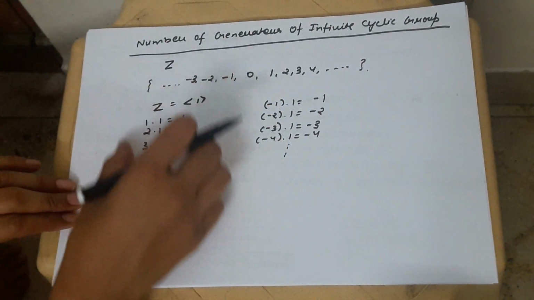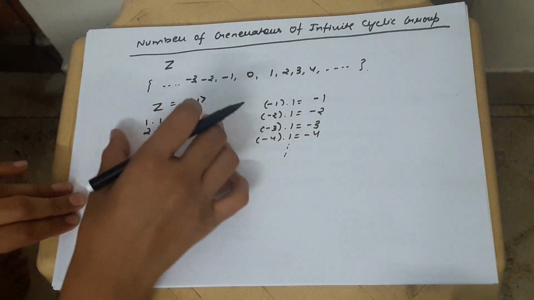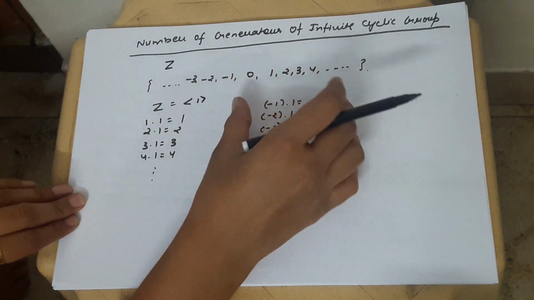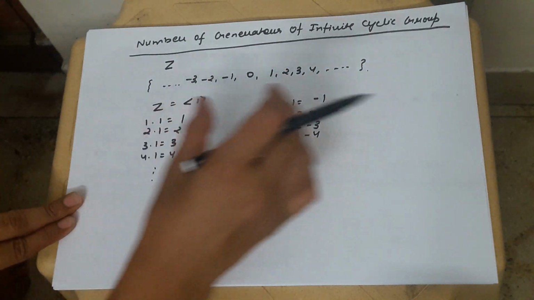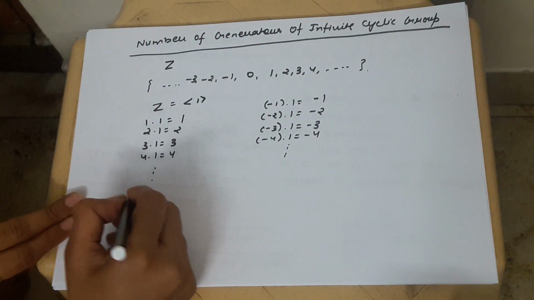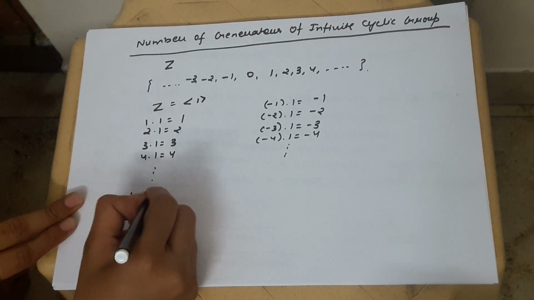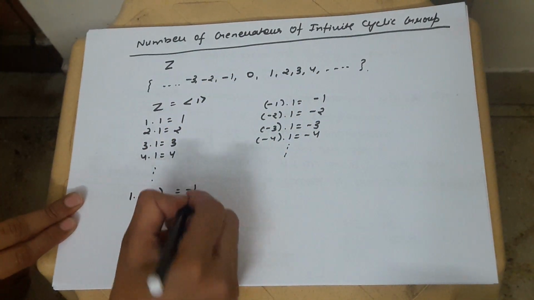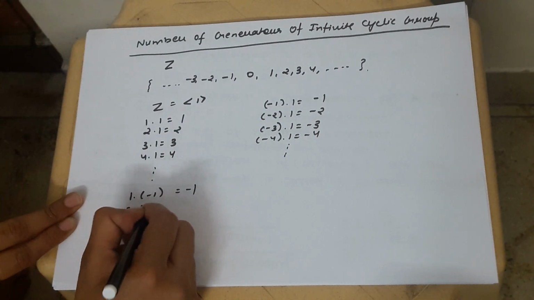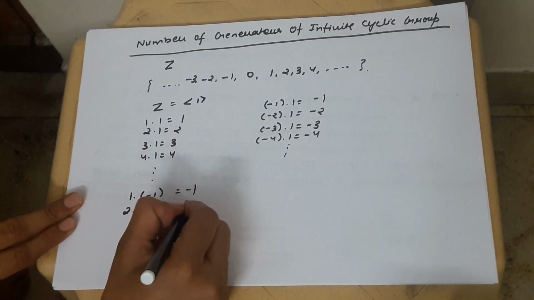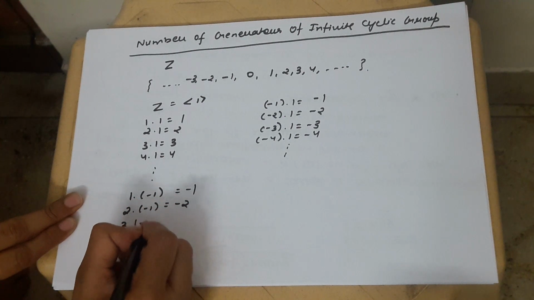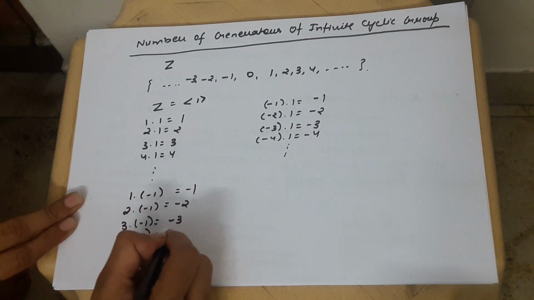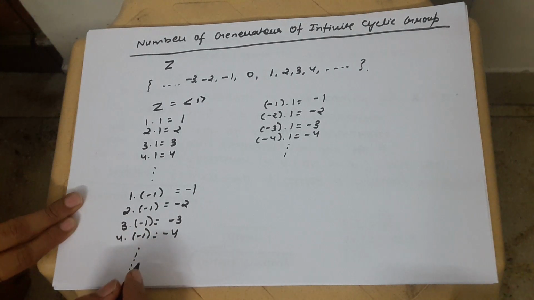If you look into these two particular expressions, take this expression here and take this expression here. We get 1 into minus 1, taking the minus sign here, we get minus 1. 2 into minus 1 is equal to minus 2. 3 into minus 1 is equal to minus 3. 4 into minus 1 is equal to minus 4 and so on.